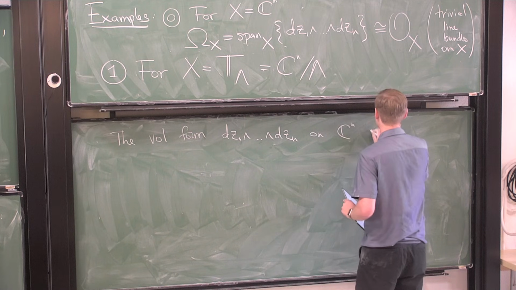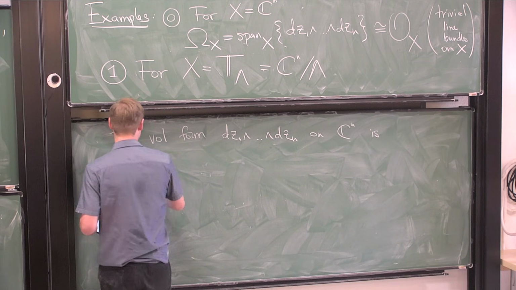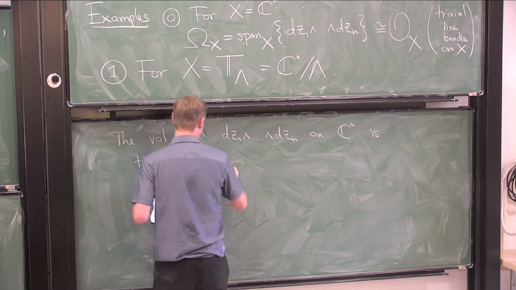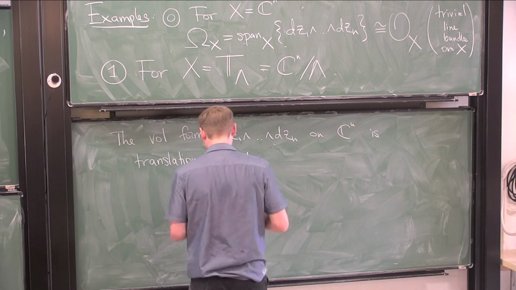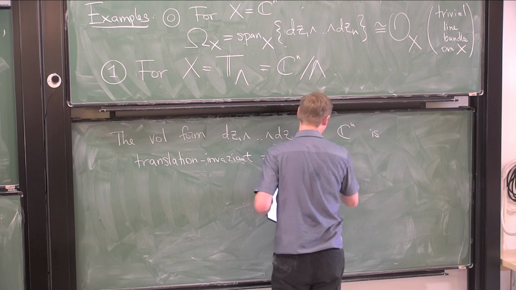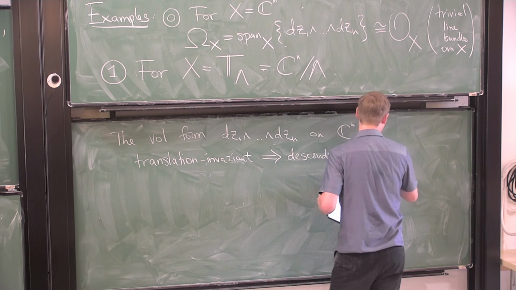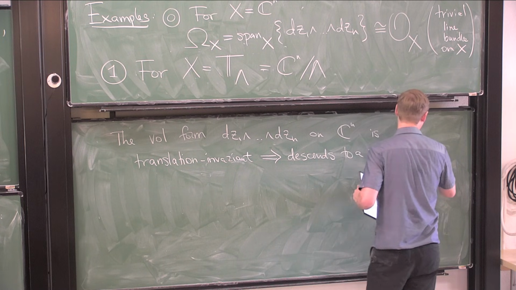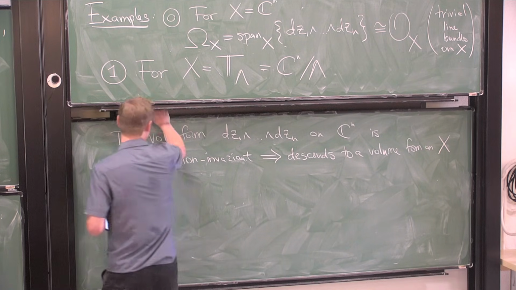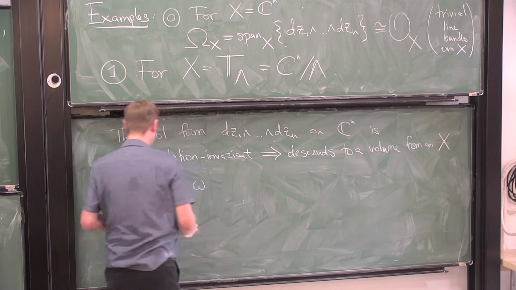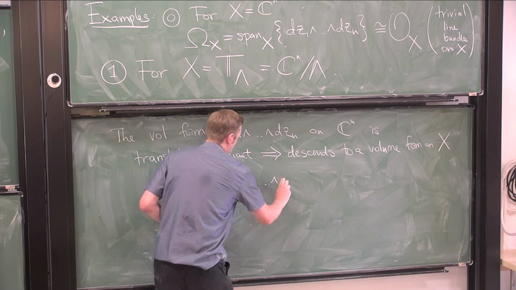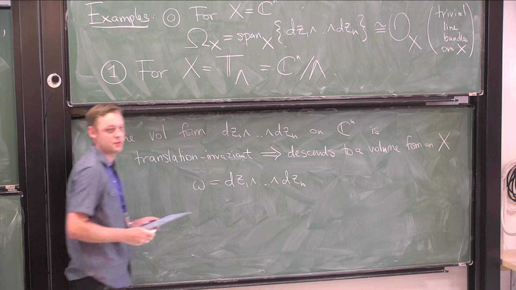So this thing is translation invariant, and that means it descends to a volume form on X, on this complex torus. And so what we have is omega equals dz1 wedge through dzn. I'm not even going to bother giving it some other notation.